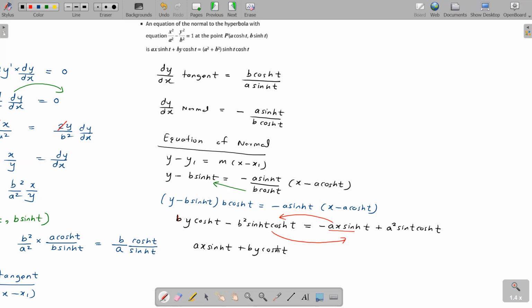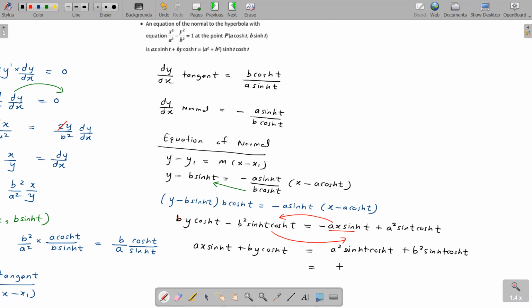Do you understand? Equals, on the other side I have a square sine t cos t plus b square sine t cos t.